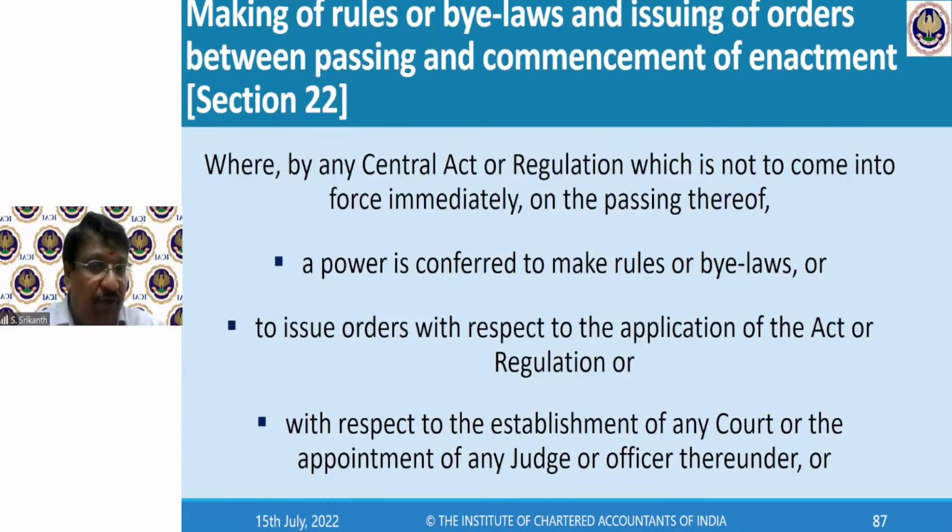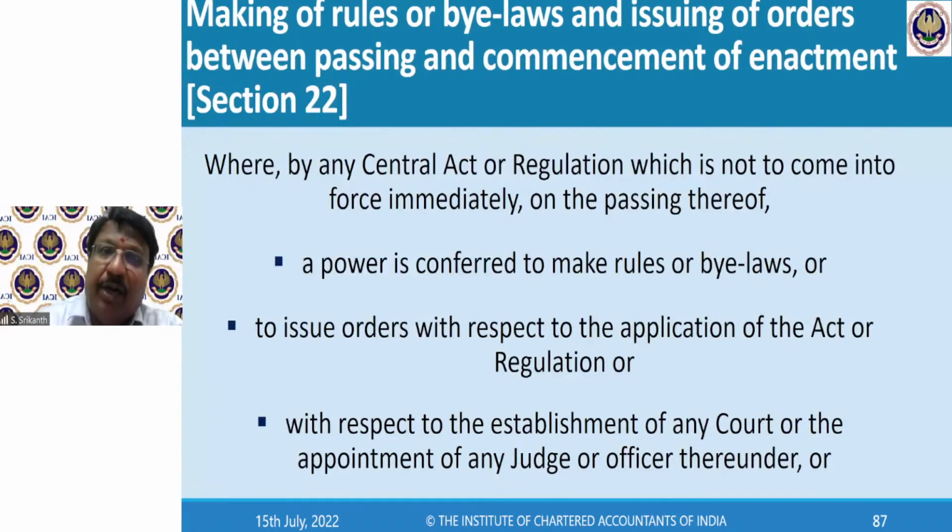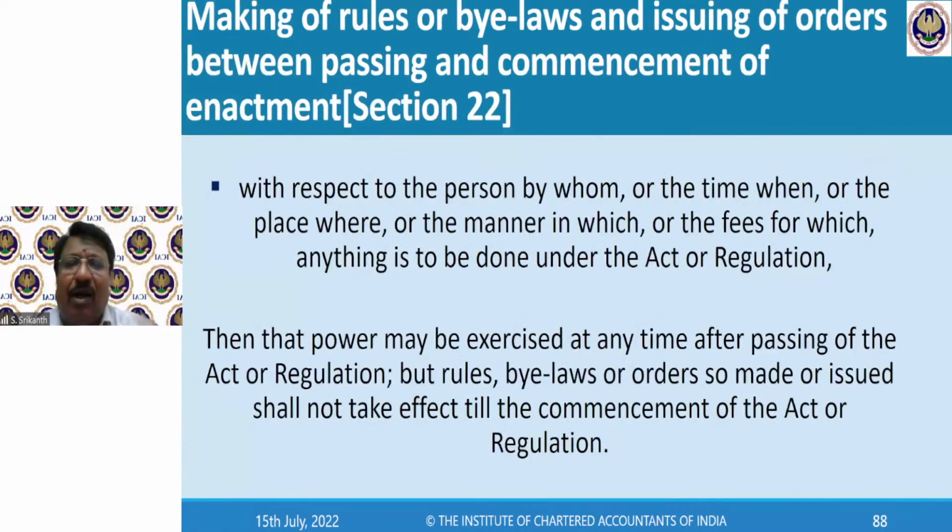You have to understand, many of the rules that we are now seeing were already there when the act was passed. By virtue of the power to make rules, they made rules and regulations. But those rules and regulations will not become law unless the law itself has been notified and taken effect. See, if that particular section of the Companies Act itself has not come into effect, how can the rules made under it come? So, unless the section has come.